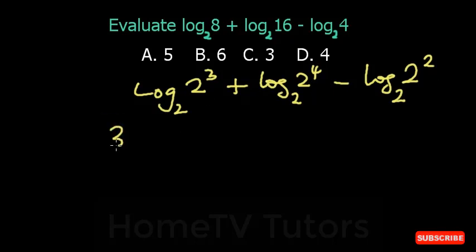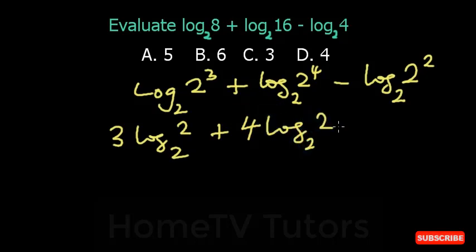So you can continue by expressing it as 3 log 2 base 2 plus 4 log 2 base 2 minus 2 log 2 base 2, and any log of a number equal to its base is equal to 1.